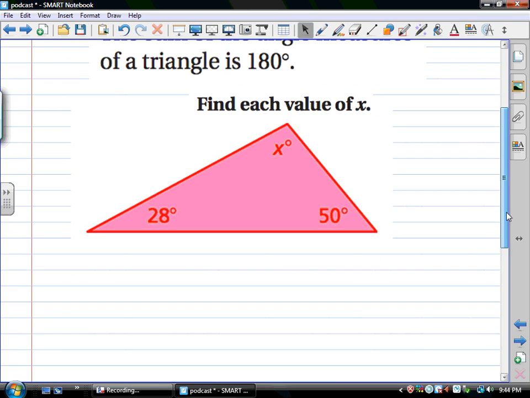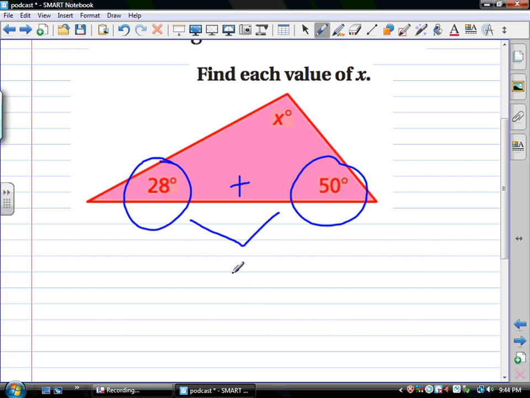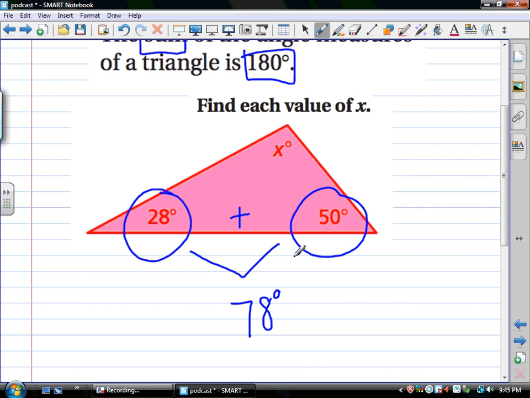Okay, same problem, use a different strategy. You pick the strategy that works best for you. I'm going to take the 28 degrees and 50 degrees and add them together. When I add them together, that's going to give me 78 degrees. I know that the sum of the measures of the angles in any triangle is 180 degrees. So I know that I have to get to 180 degrees. I'm at 78, so I'm going to do 180 minus 78.